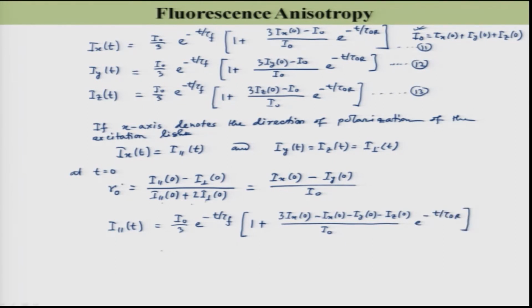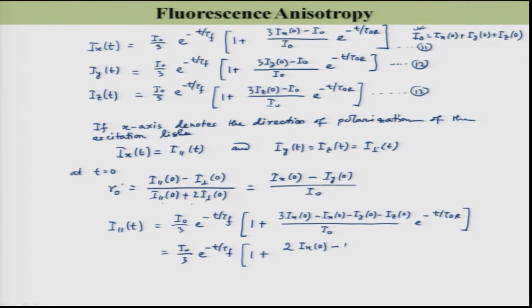So, this is equal to I 0 by 3 e to the power minus t by tau f. Here you see it will cancel. So, the I 0 and this I 0 will cancel. So, 2 I 0 looks like, so here it is 1 plus 2 times I x 0 minus I y 0 and I z 0, but they are the same, right.